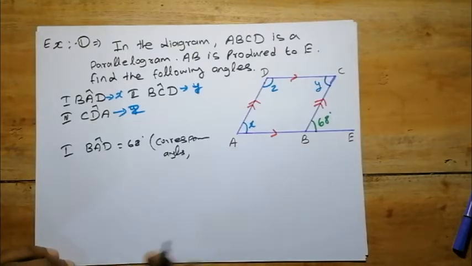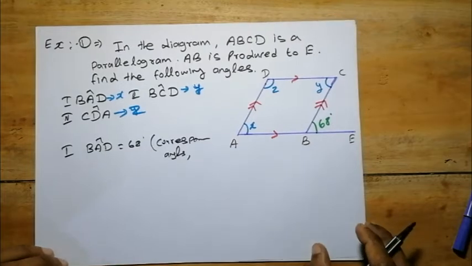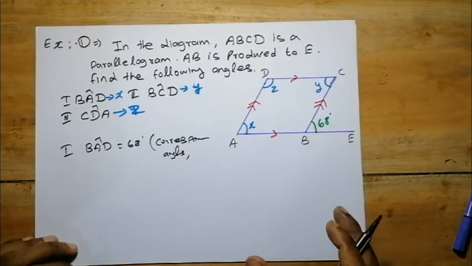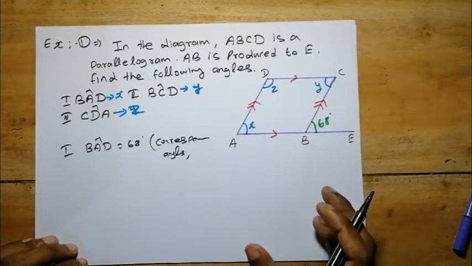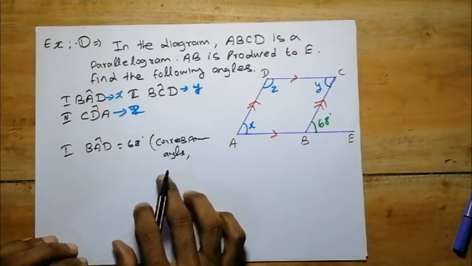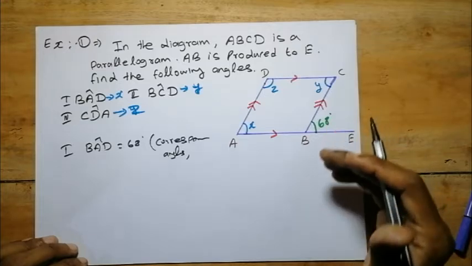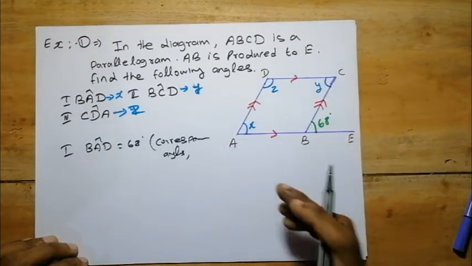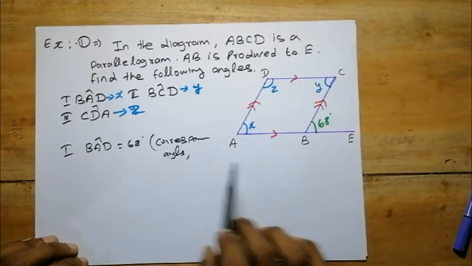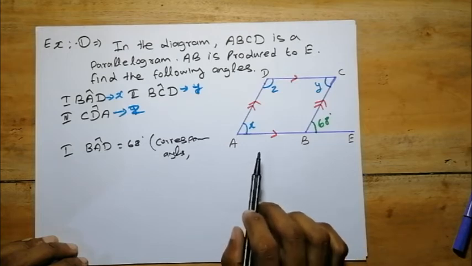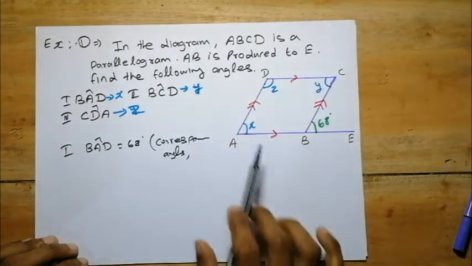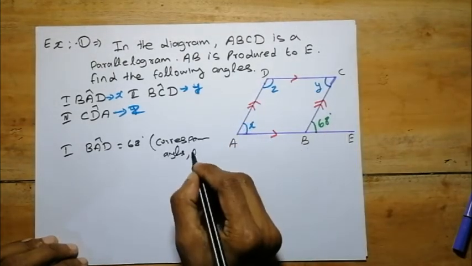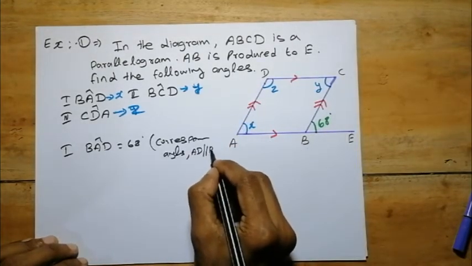After you are studying the parallelogram lesson, you need to mention which sides are parallel, using which parallel lines you got these corresponding angles, because we have another pair. So you need to clearly mention with the reason which pair you are using. We are using AD and BC, so AD parallel BC.